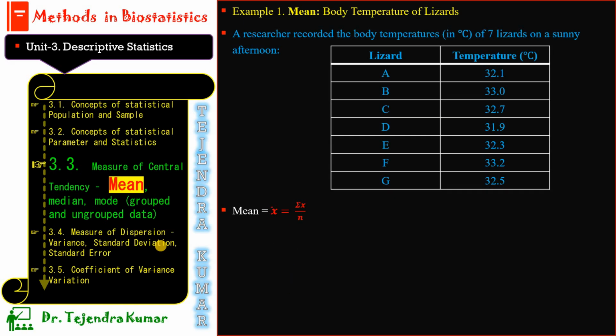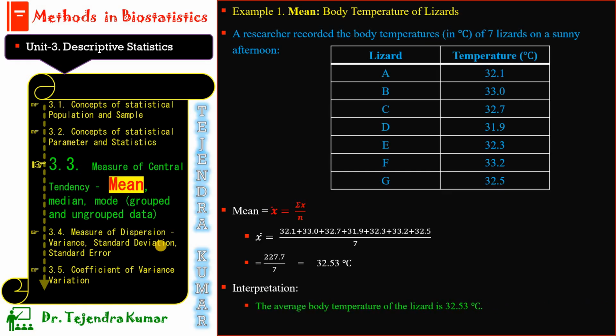Okay. Mean is x bar is equal to summation of x divided by n. So x bar is equal to 32.1 plus 33.0 plus 32.7 plus 31.9 plus 32.3 plus 33.2 plus 32.5 divided by 7, because the total 7 lizards are there, A, B, C, D, E, F, G. So we will get the answer 32.53 degrees Celsius.